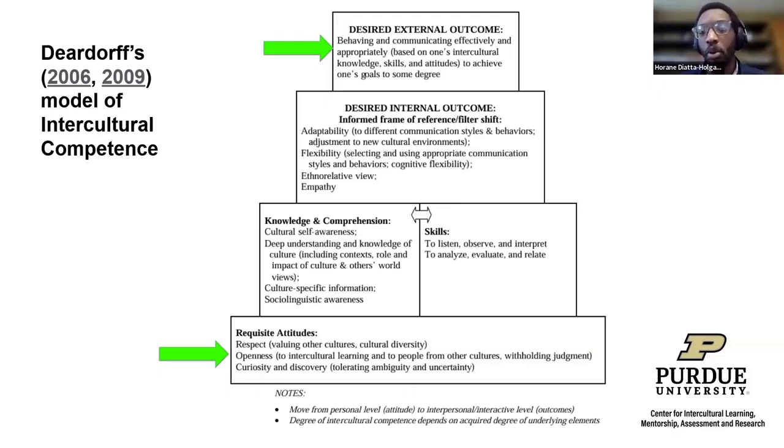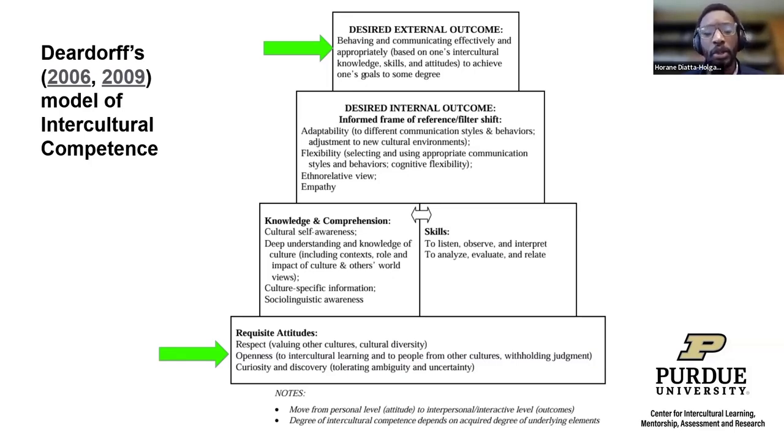But to get to that point, what Darla Deardorff calls the requisite attitudes at the bottom of the pyramid are openness, curiosity, and respect. And openness is, as it says there, withholding judgment, similar to the definition.